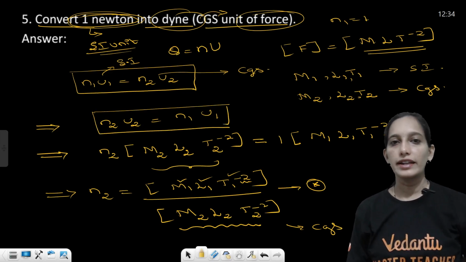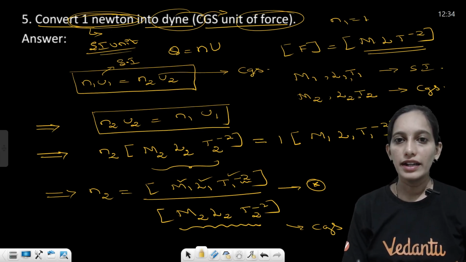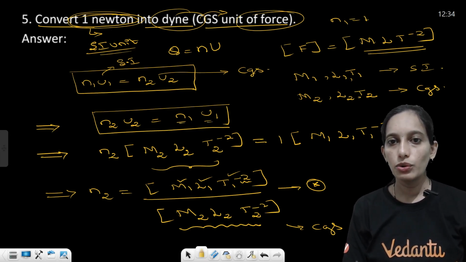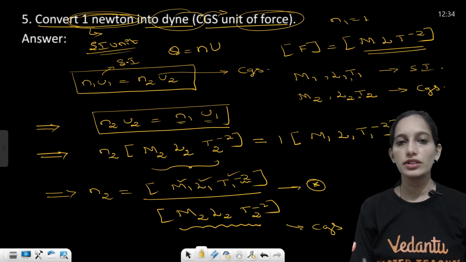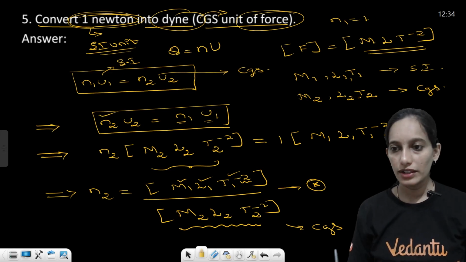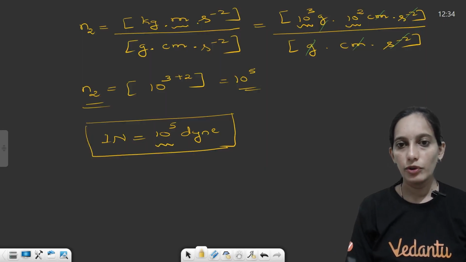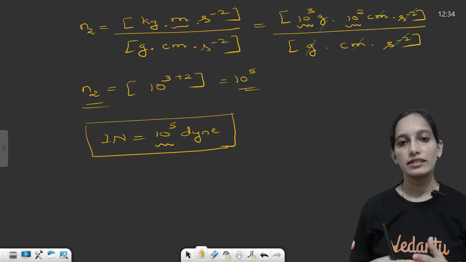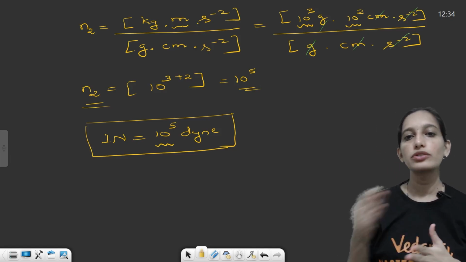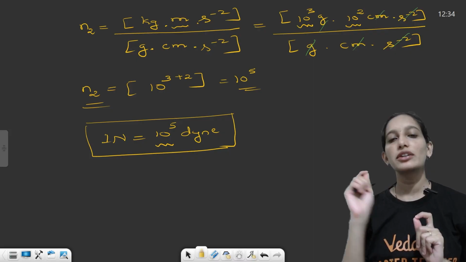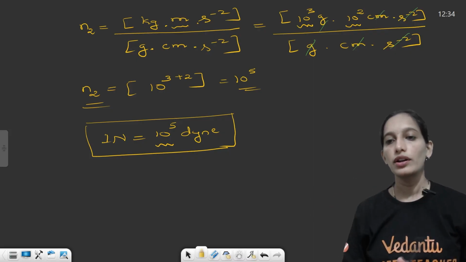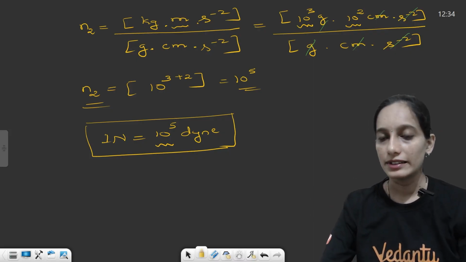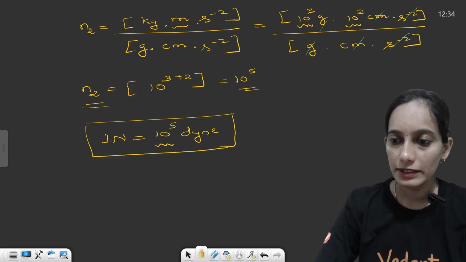Here n1 is 1 and u1 is Newton. So 1 Newton is equals to the n2 value we found, 10 power 5, and u2 is the force unit of the CGS system, dyne. So 1 Newton is not equal to 1 dyne; 1 Newton is equals to 10 power 5 dynes. Hope it is clear.